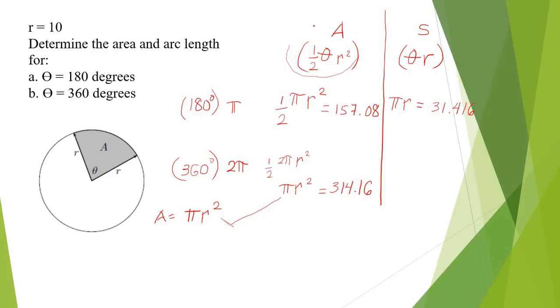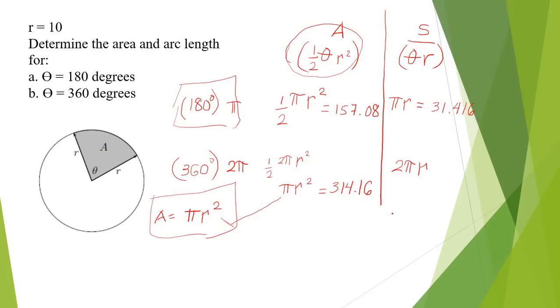Take note, this formula is very useful because we'll be able to determine the area for different sectors and for the full circle. Now, when our angle is 360 degrees, then our theta here is 2 pi, and our S is simply equal to 2 pi r.